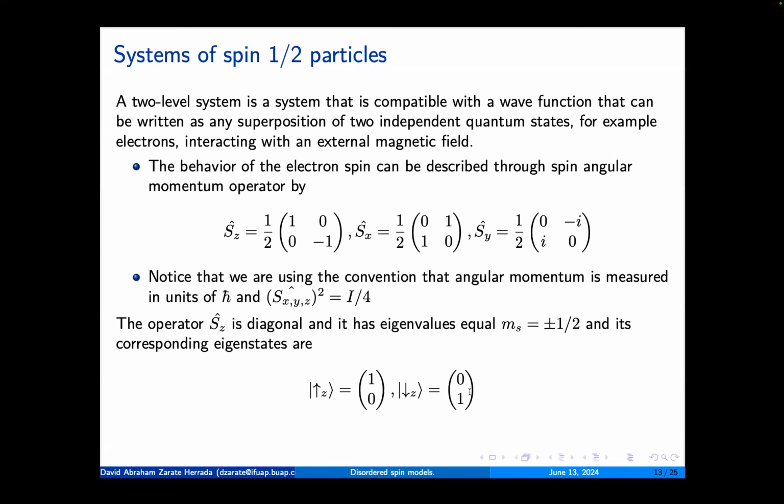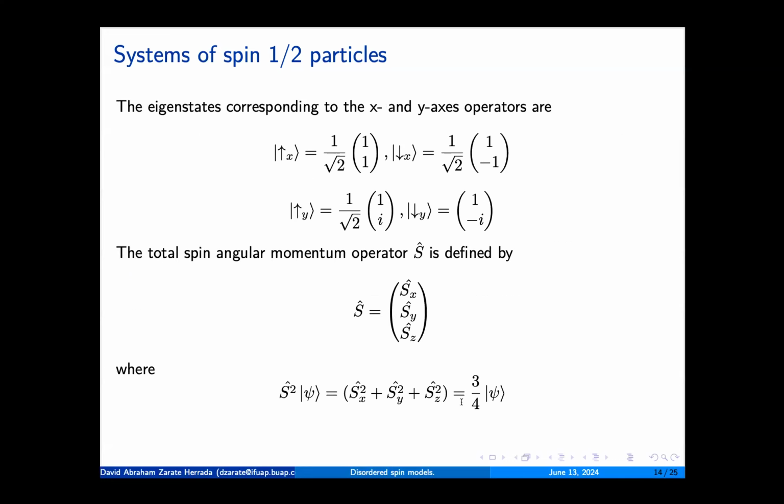Also, we know that the spin operator in the theta direction is diagonal, and its eigenstates are spin up and spin down.